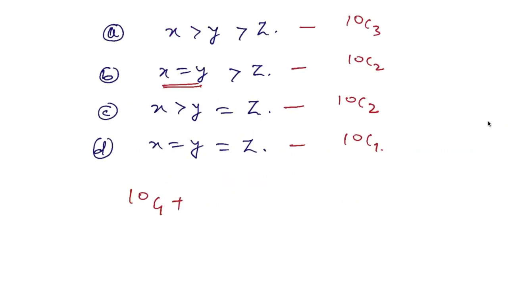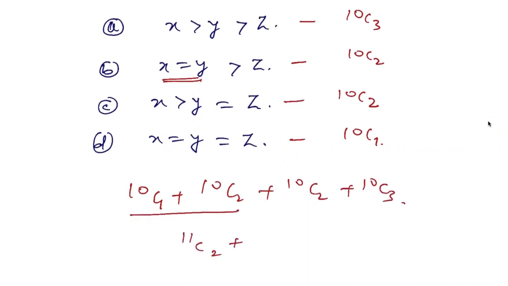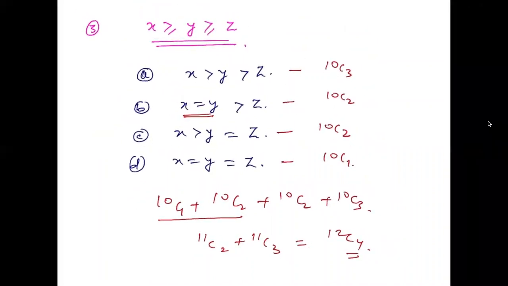If you add 10C1 plus 10C2 plus 10C2 plus 10C3, we know that 10C1 plus 10C2 is 11C2, 11C3, or this will be 12C4, 12C3. So directly also you can go for this.